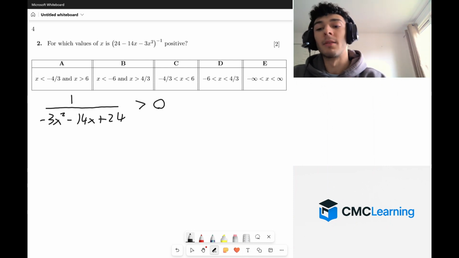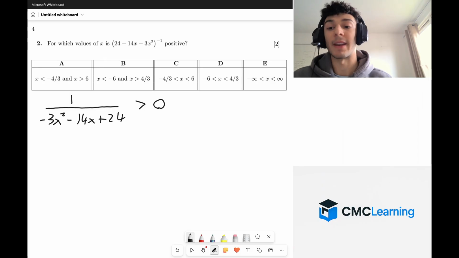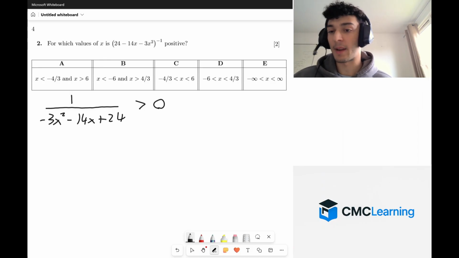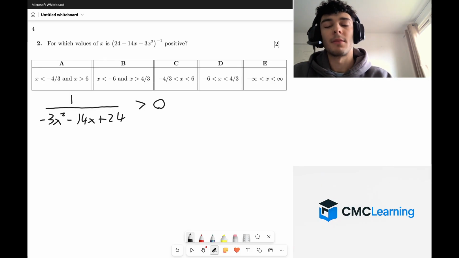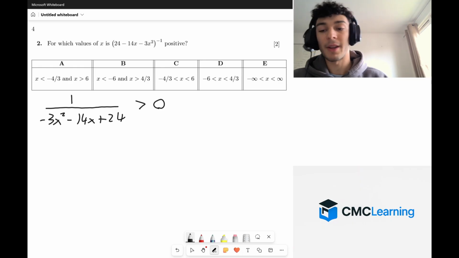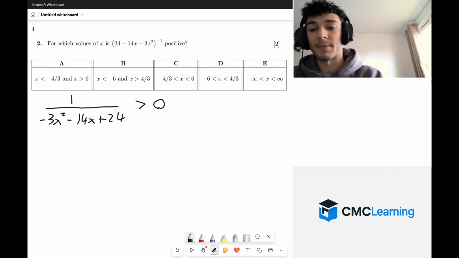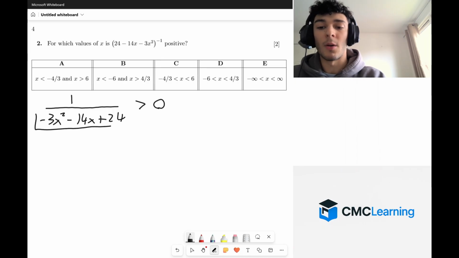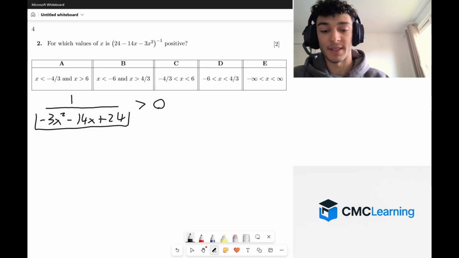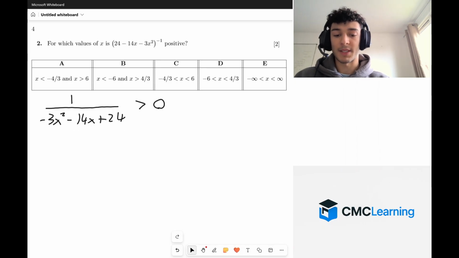The denominator is going to be any number depending on the values of x that it can take. In order to get this fraction to be greater than 0, we need the denominator to also be positive. So in a way, we need to solve some expression where all of this denominator is positive. So let's have a look at how we can do that.